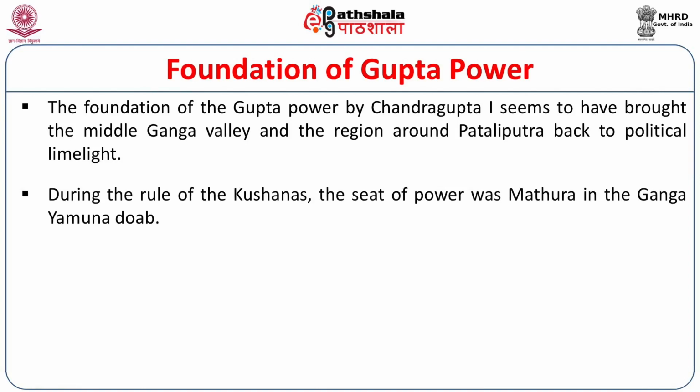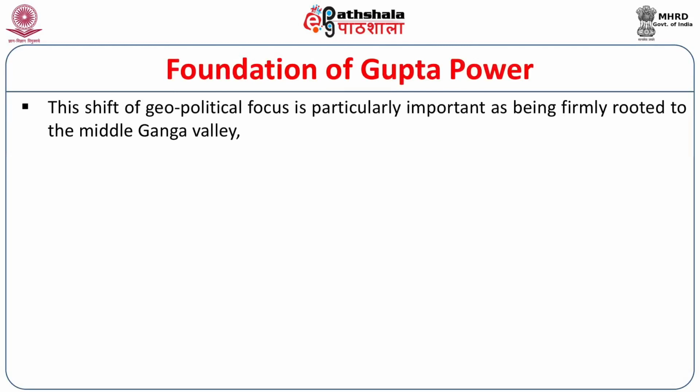Because during the rule of the Kushanas, the seat of power was Mathura in the Ganga-Yamuna Doab. So the powers were moving from the northwest towards the east, and finally the middle Ganga valley gains importance. This shift of geopolitical focus is particularly important.